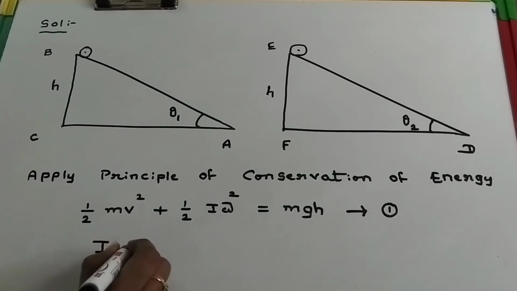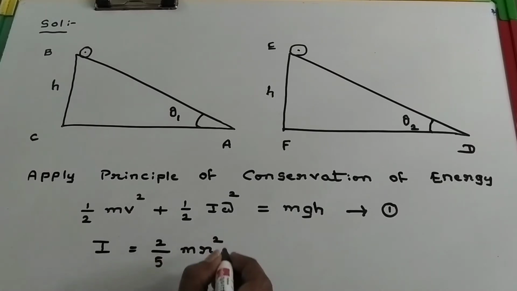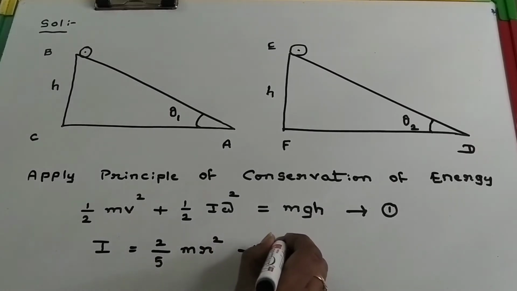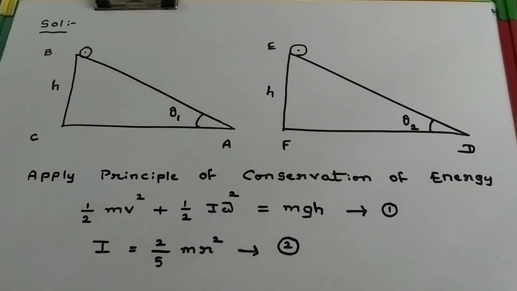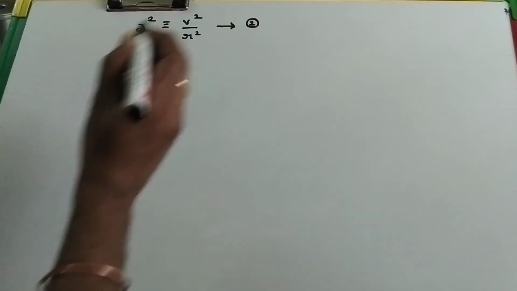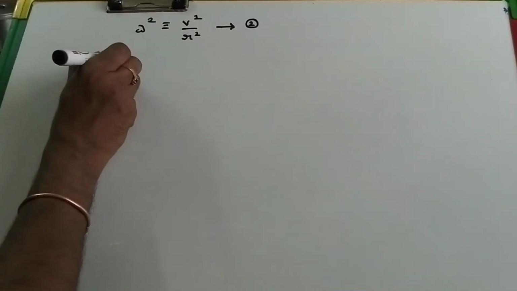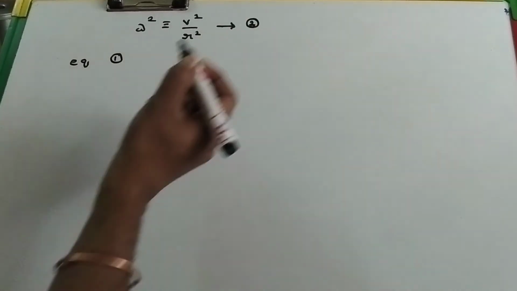Therefore, I = 2/5 mr², equation number 2. Now ω² = v²/r², equation number 3.